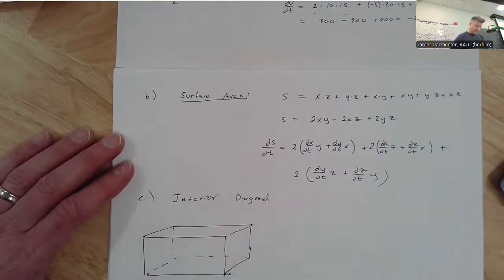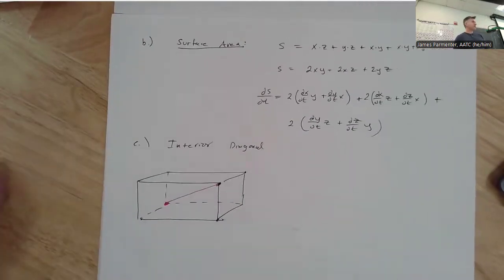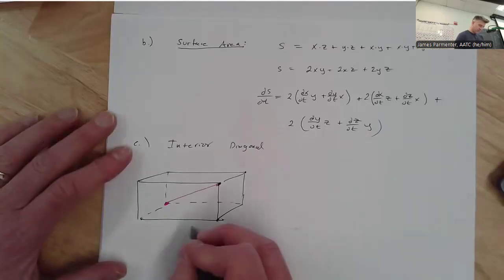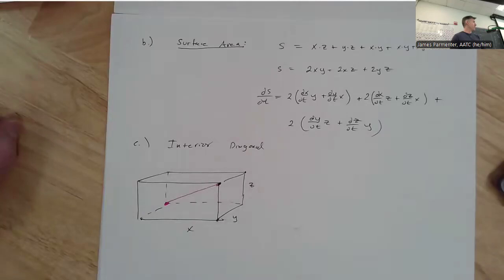We're thinking of the length from that corner back there to that corner up there. Which there's a formula for. Although if you didn't know it, it's not too hard to derive.